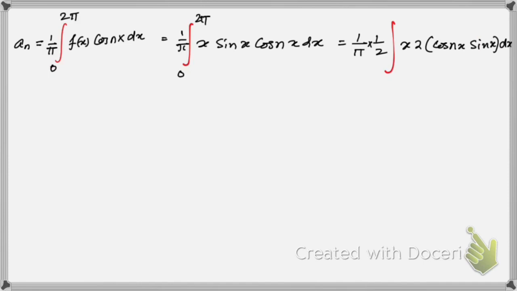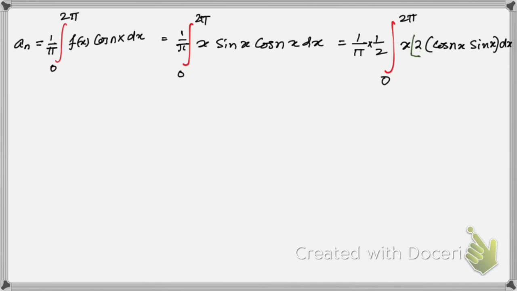That's what you can do, right? So hope you have understood this. This is integration from 0 to 2 pi. So what we have done, we have multiplied by 2 and divided by 2, right? So that's what we have done.